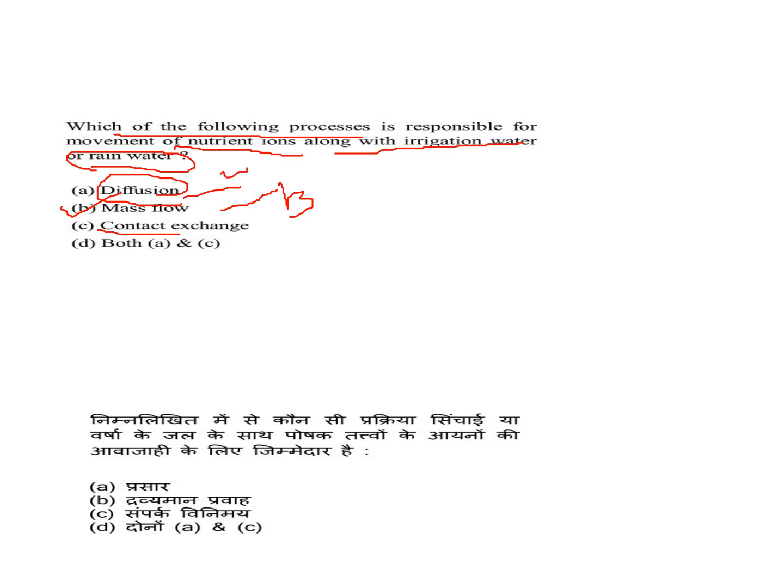Contact exchange involves direct exchange of ions between roots and soil colloids and soil surface without moving long distances through the soil water. So here the answer will be mass flow.